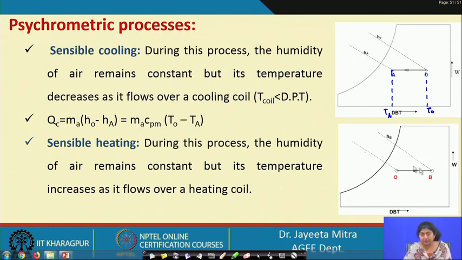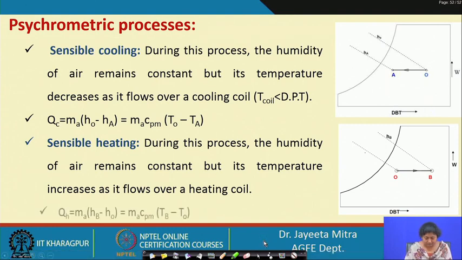So, energy will be gained by the air. Okay. So, this is the condition. Now, change in enthalpy we can get by this equation.